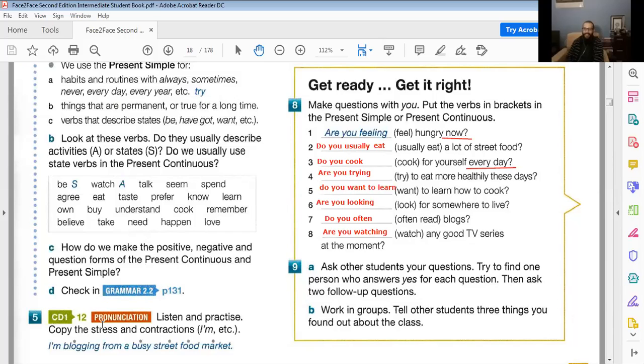Do you cook for yourself every day? Yes, every day. I always cook food, healthy food and unhealthy food. All kinds of food. Everything I cook: lunch, dinner, meat, couscous, rice.